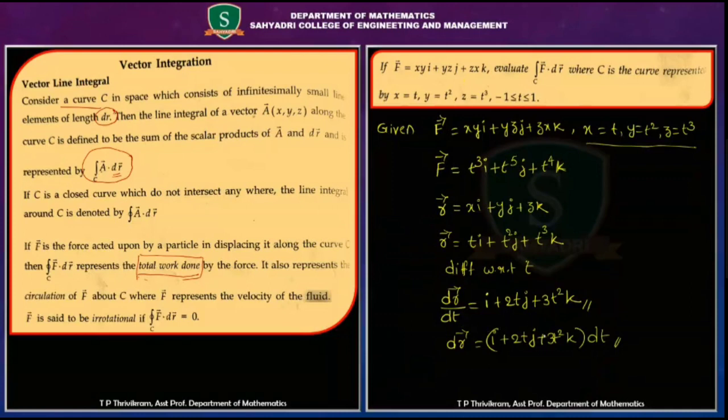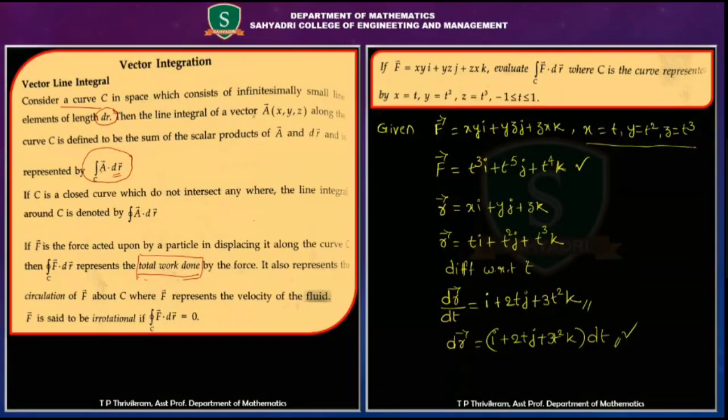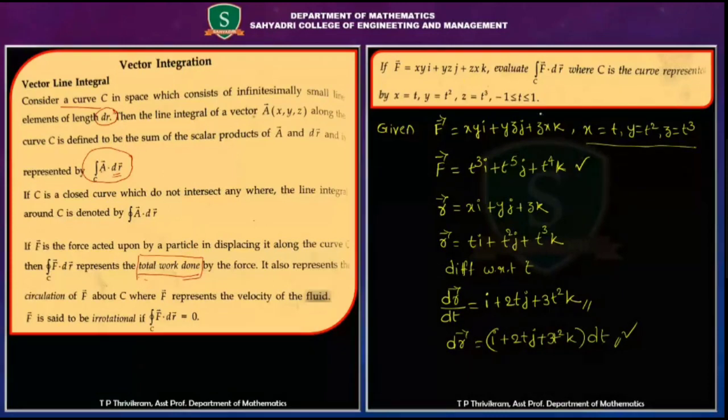Okay, now your dr is ready and f value is also ready. Now what we need to do? Integration of f dot dr. And you may get one more doubt, what will be the limits? The limits he has given as -1 less than t less than 1.